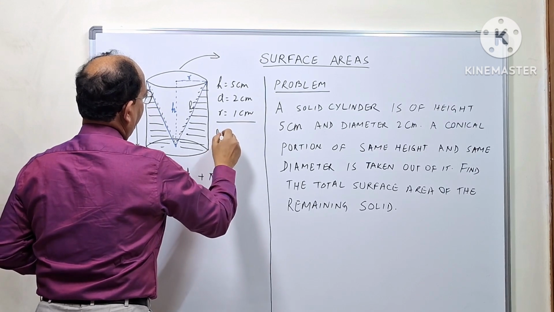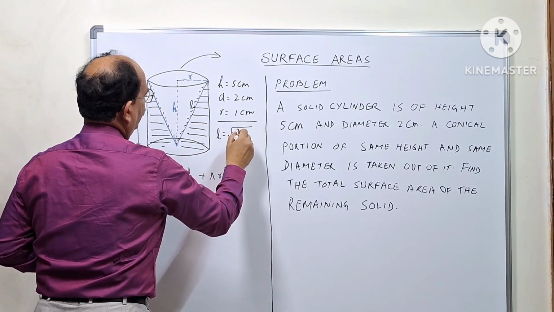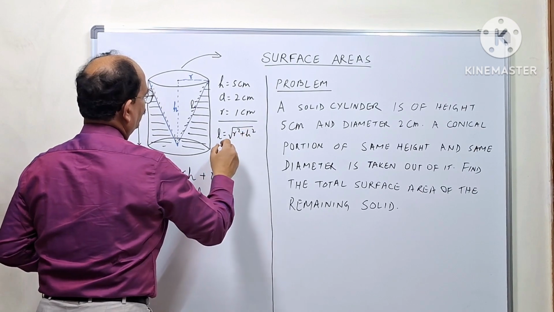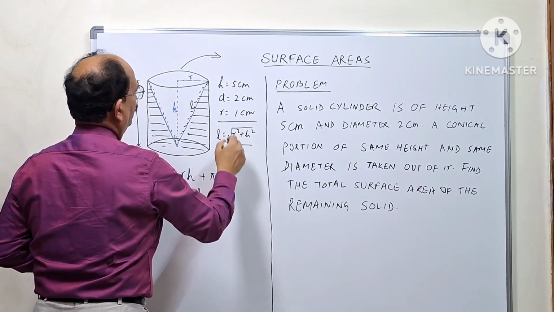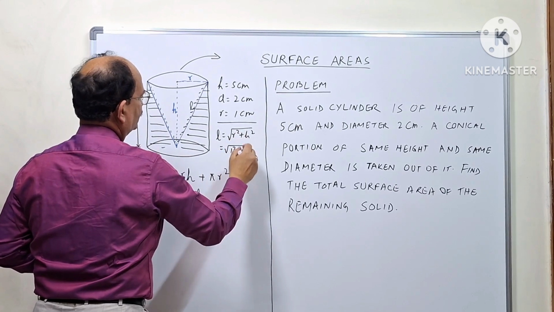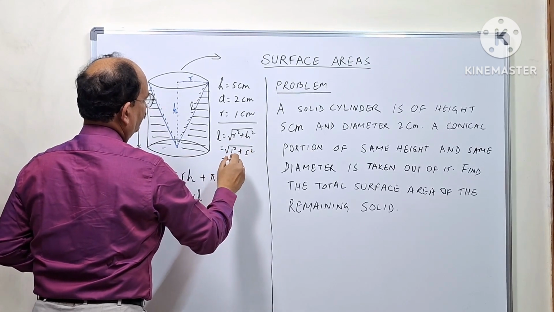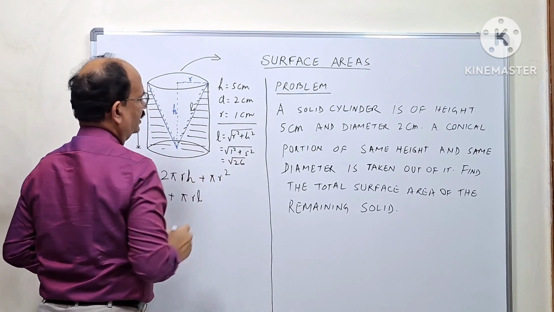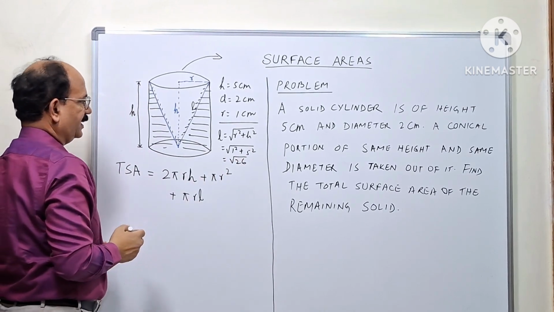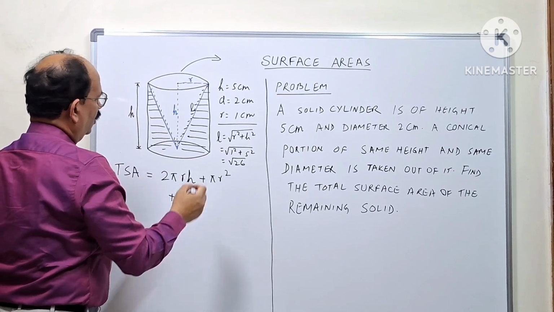So the slant height will be equal to root of r square plus h square, which is equal to root of 1 square plus 5 square, which is equal to root 26.